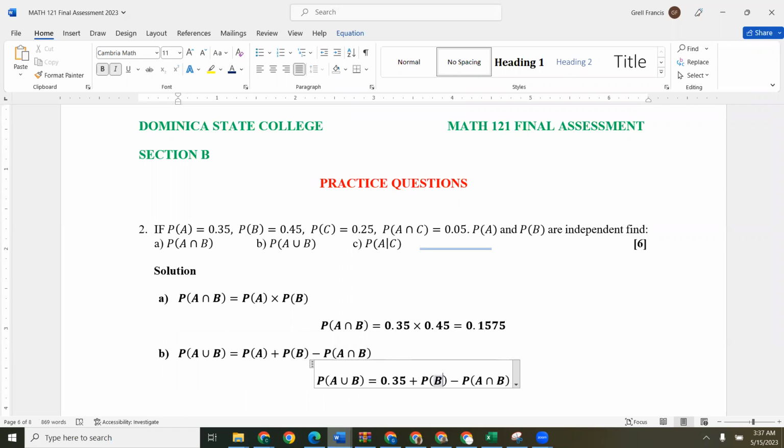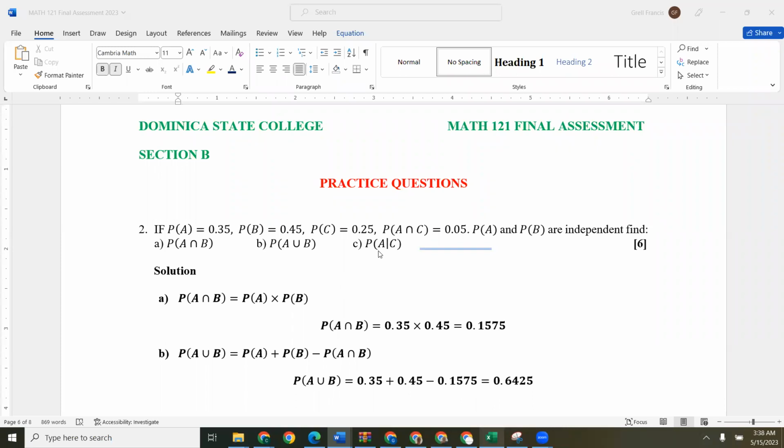P of B we know is 0.45. And P of A intersect B, which we just calculated, is 0.1575. Therefore, P of A union B is 0.6425.